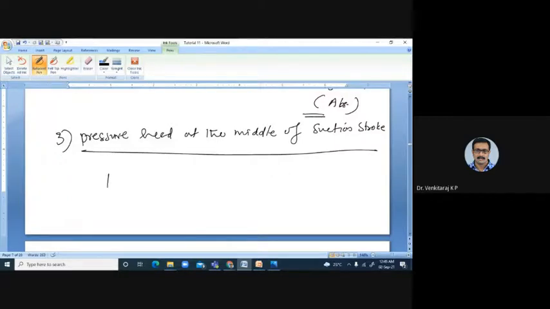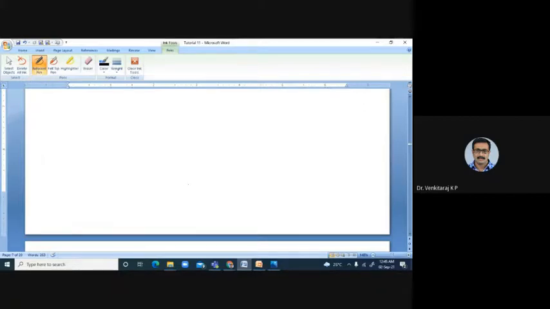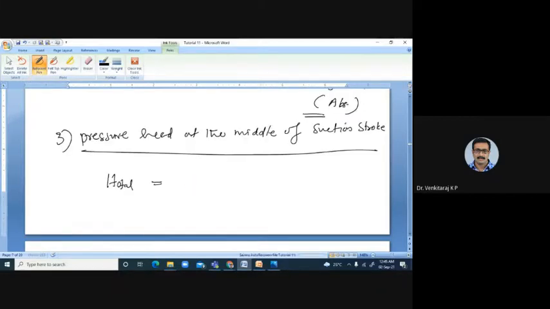So the total pressure head at the middle of the suction stroke is HS plus HFS. For the middle, we will be having HAS value 0.